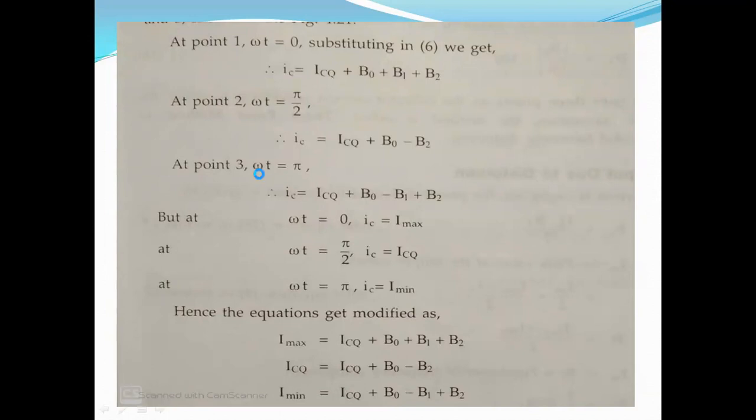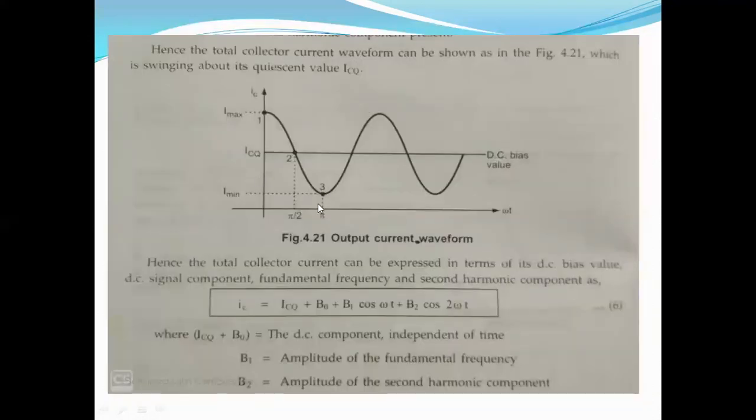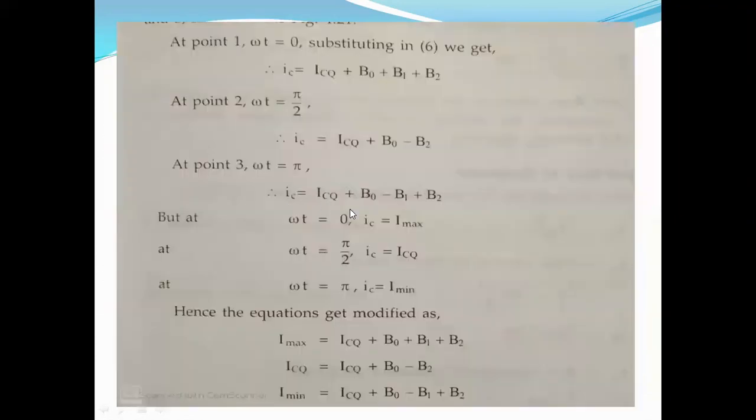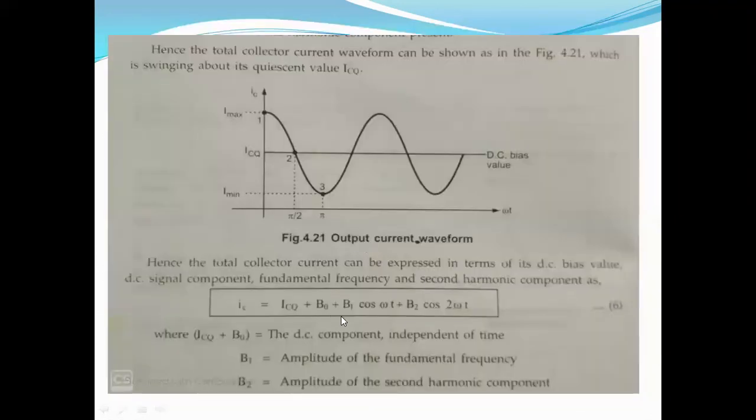Next, at point 3, omega t is pi. Substitute this value in the equation: IC is equal to ICQ plus B0 plus B1 cos pi plus B2 cos 2 pi.